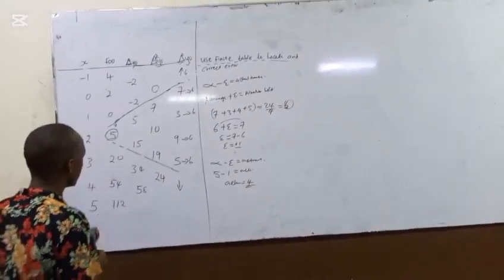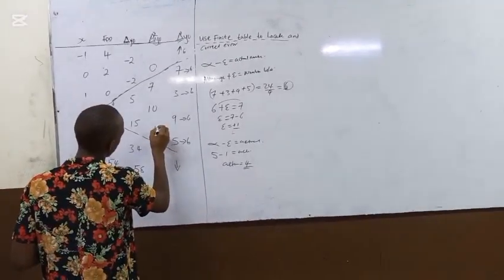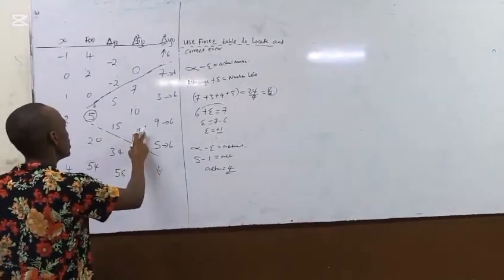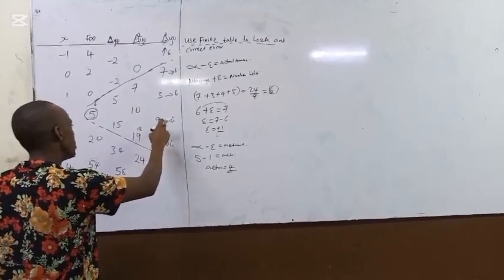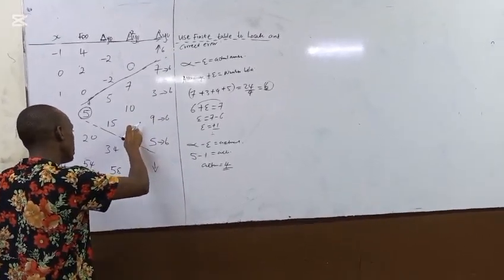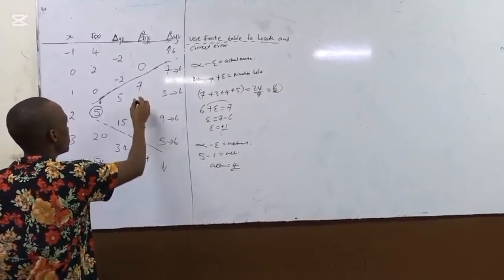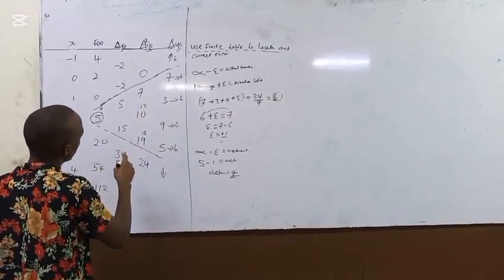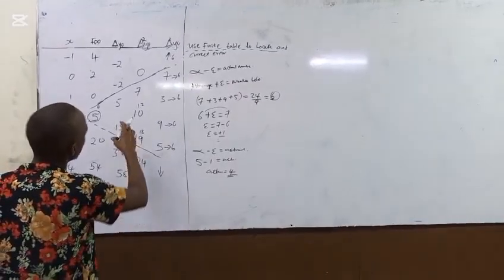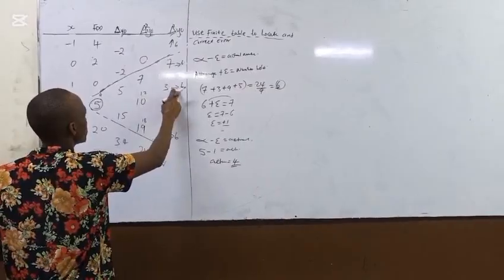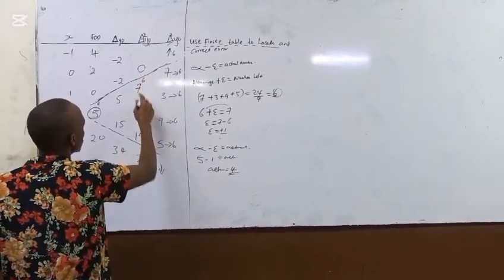The number is 18. This is the correct number. Again, which number, if we subtract from 18, we get 6? The number is 12. So 18 minus 12 is 6. Again, which number, if we subtract from 12, we get 6? The number is 6. 12 minus 6 is 6.